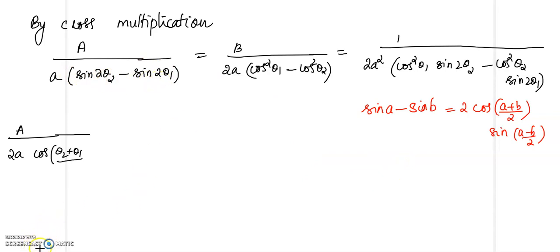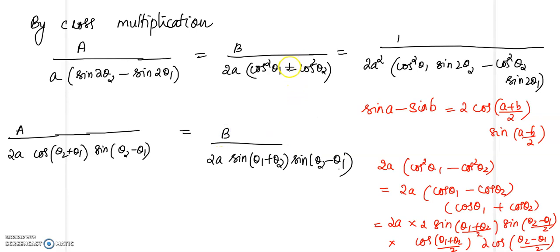So that becomes cos (theta 1 plus theta 2) into sine (A minus B)/2, that is (2 theta 2 minus 2 theta 1)/2. So that will be theta 2 minus theta 1. So the first term can be simplified in that form.